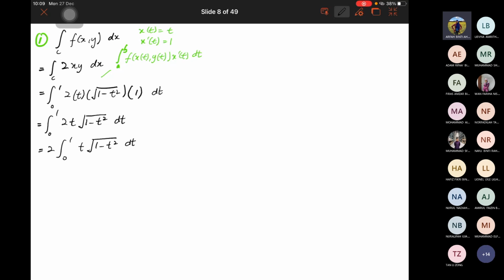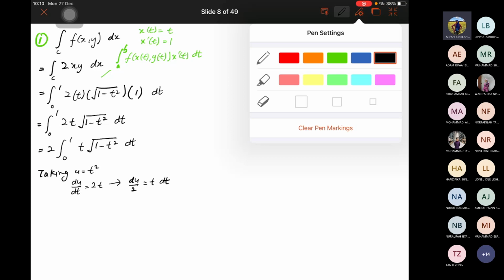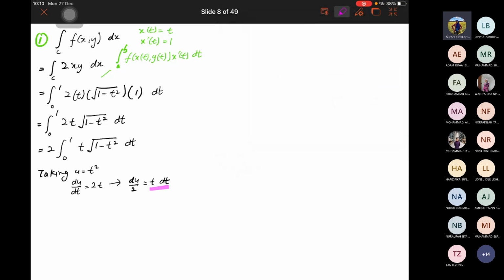Okay, so from here taking, okay, u sama dengan t kuasa 2, du over dt sama dengan 2t. So du per 2 sama dengan t dt. So the term of t dt, you get the term here, t dt.